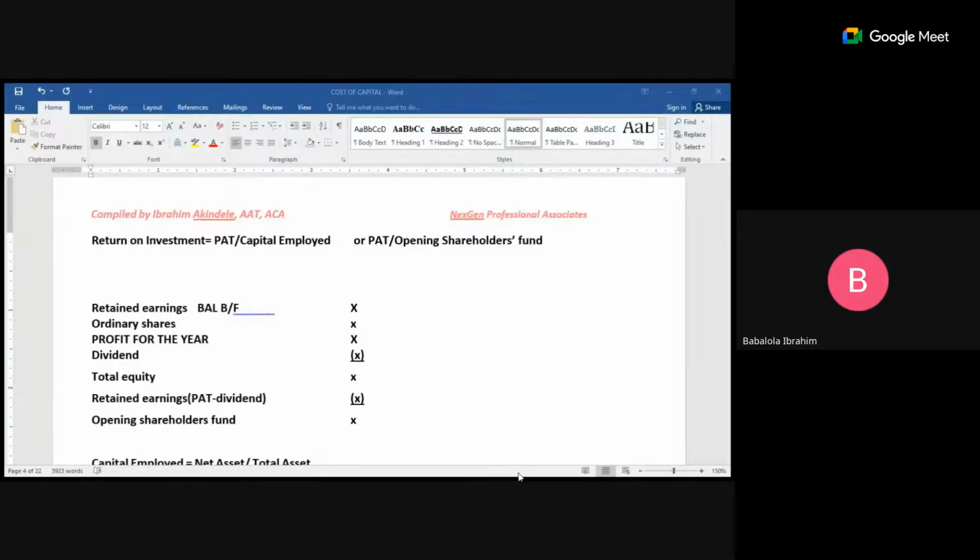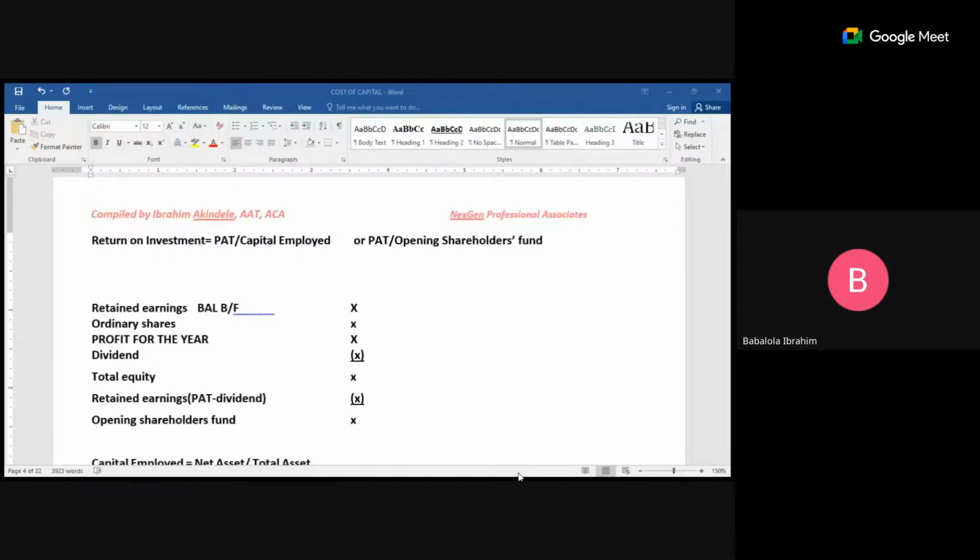So now, to get the opening shareholders' fund, you know that we are in 2024. Please, sir, if I'm wrong, please try to correct me. Now we need to determine our shareholders' fund for 2024. We already know that to get our retained earning is your profit after tax minus dividend.